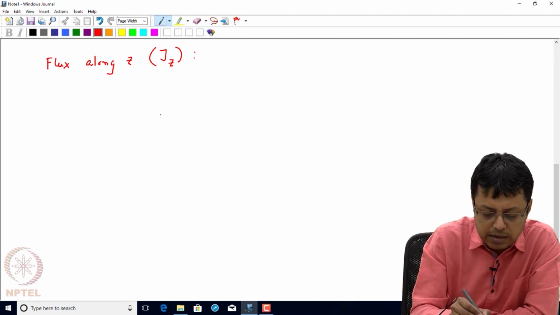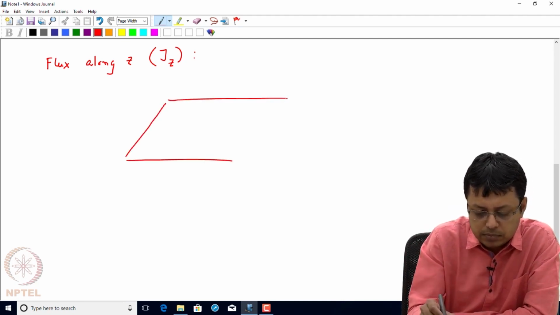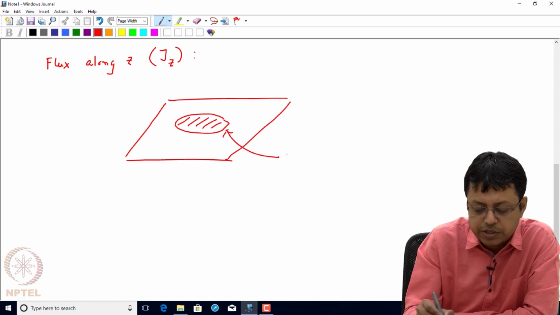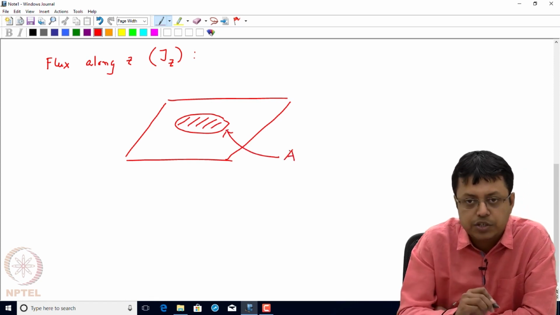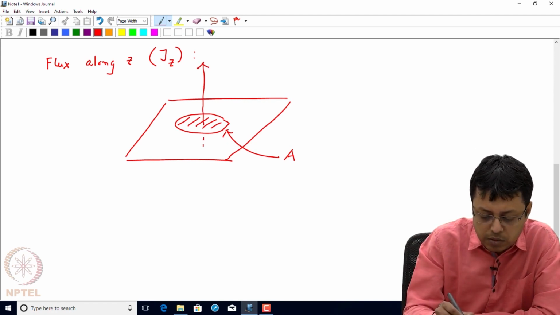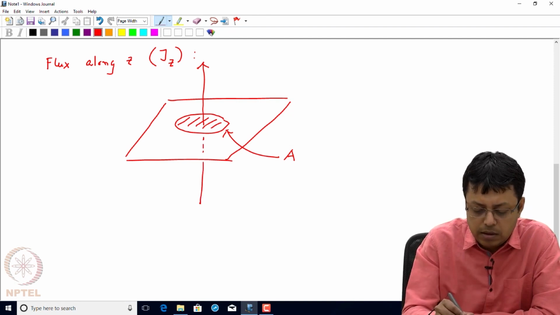Suppose we have some surface, and let us say the cross-sectional area of this particular shaded region is A, and this is the positive z axis, this is my coordinate system, and of course I actually have a three-dimensional coordinate system.